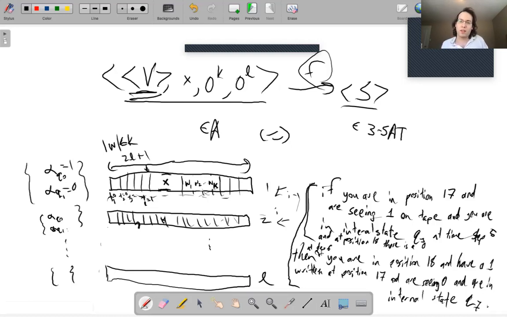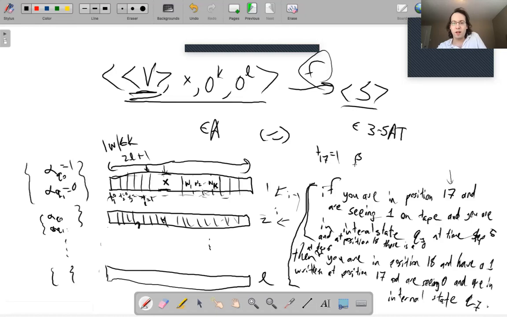Okay, so it's telling you if you are currently in position T17, meaning that this indicator variable T17 happens to be 1, okay, and you're seeing a 1 on the tape. This means we need some variables for the tape positions. I'm running out of variable names.